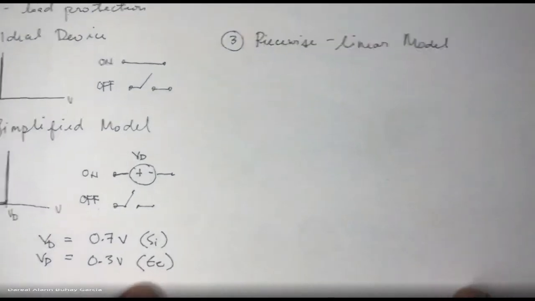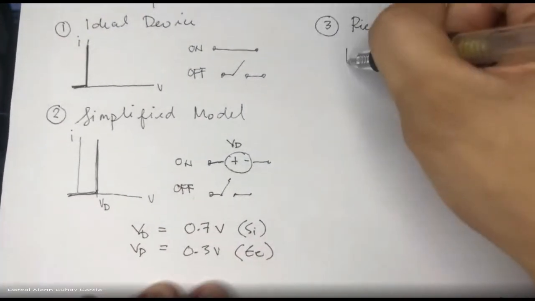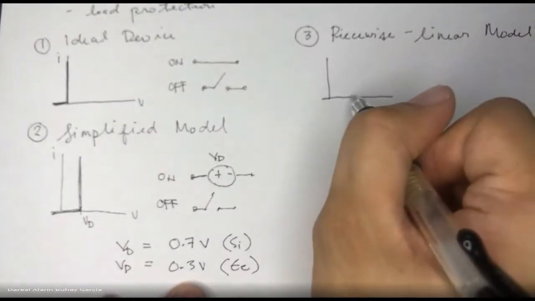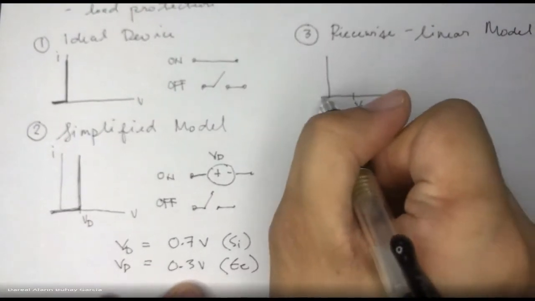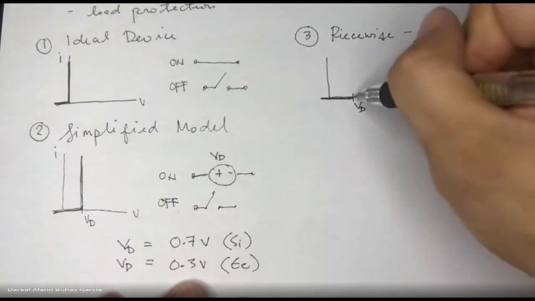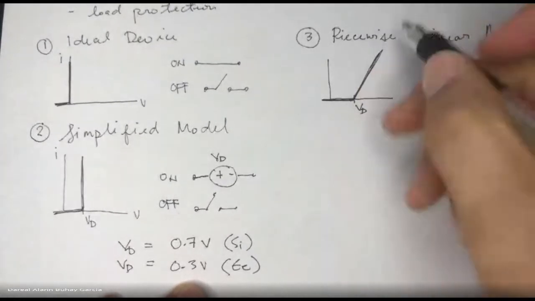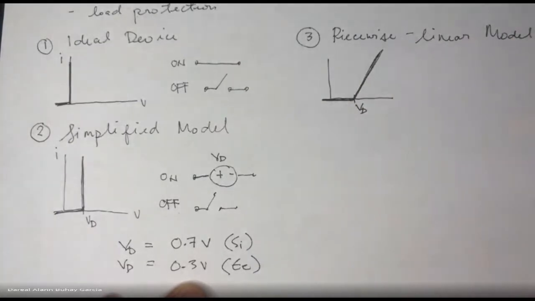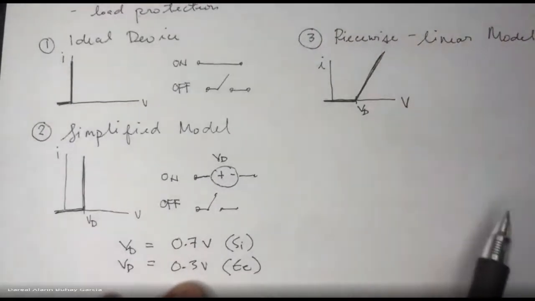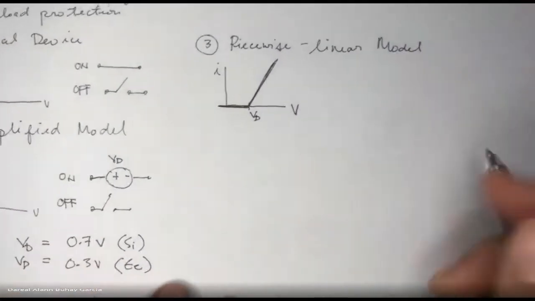The difference, if we compare it to the simplified model, is in the graph. If it conducts, it is the same starting at VD, but then it acts as a resistor. The VI curve of a resistor is like this. But because this is a diode, it will only conduct in one direction, and once it conducts, it acts somewhat like a resistor.